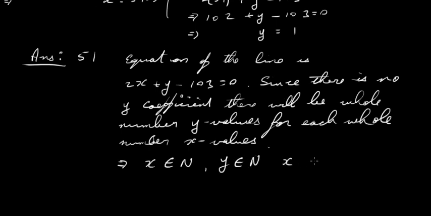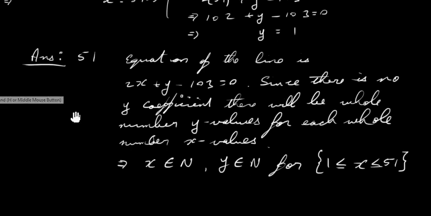This is really for x greater than or equal to 1 and less than or equal to 51. So for x between 1 and 51 inclusive, for every x natural number you'll get a y natural number as well. So that's it. I'm not sure if we needed to go into this much detail, but that's the reasoning behind it anyway.